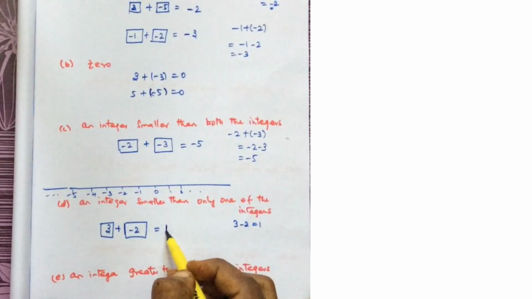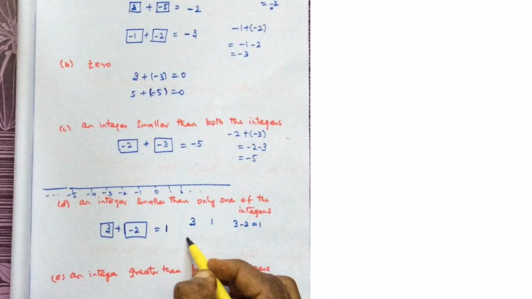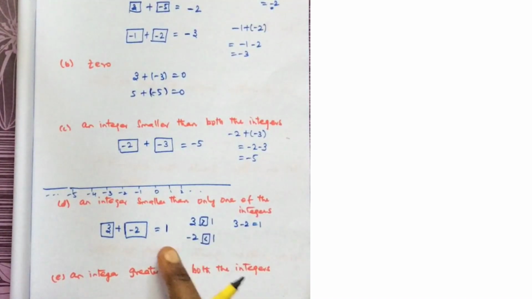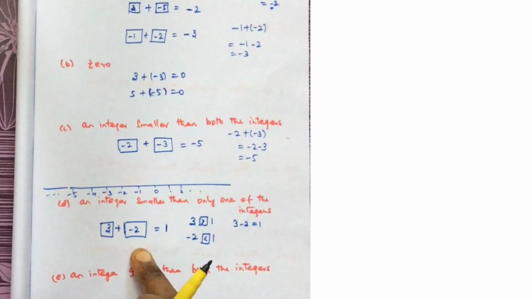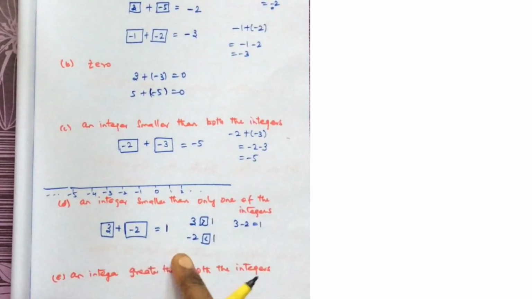Now what can we say? If you compare 3 and 1 and minus 2 and 1, the result is 1, which is less than 3 and greater than minus 2. So the integer is 1, which is smaller than one of the integers.